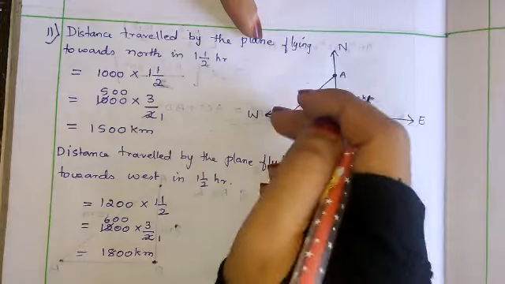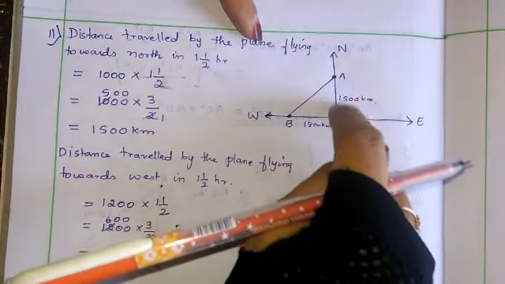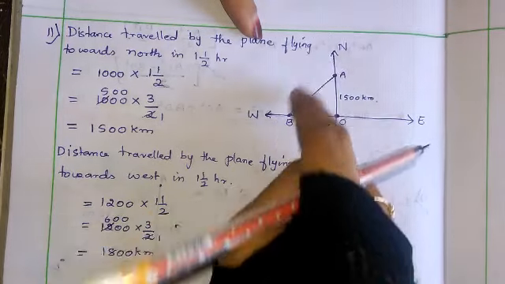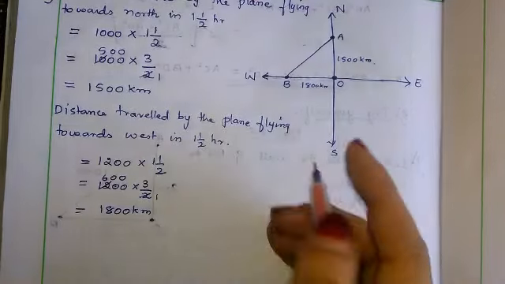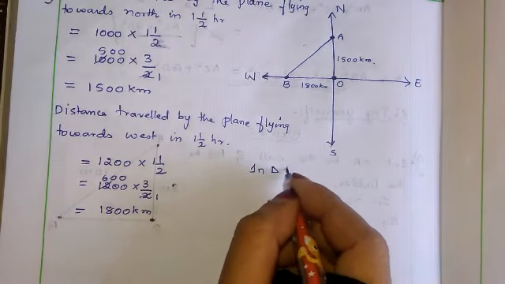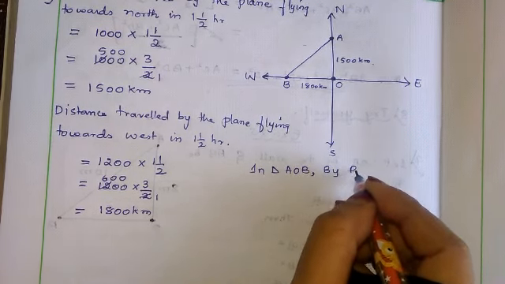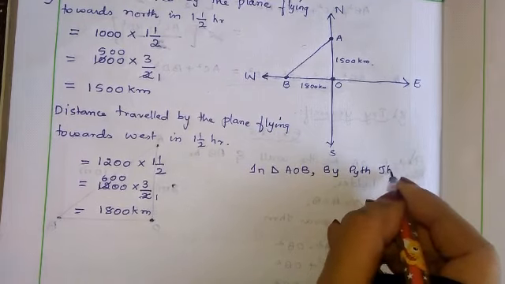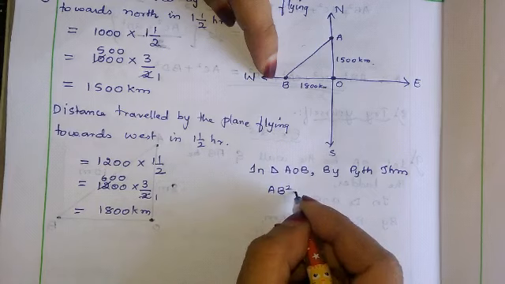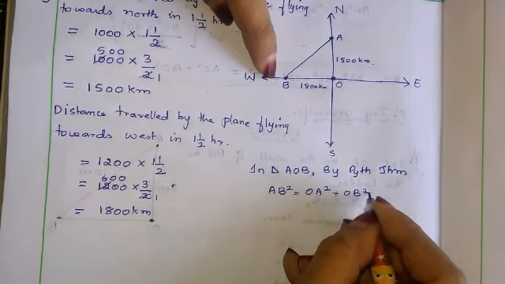Now we need to find their distance after 1.5 hour. O to A we got, O to B we got. How far they are we have to check. So let me write here, in triangle AOB, by Pythagoras theorem, AB square is equal to OA square plus OB square, right?